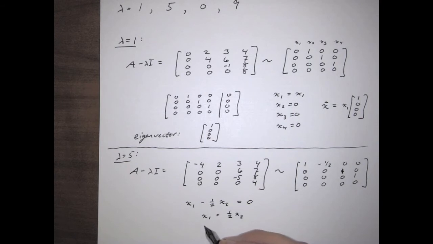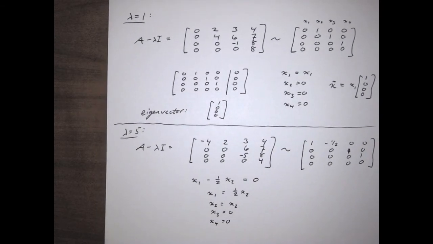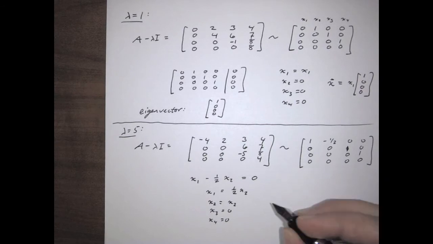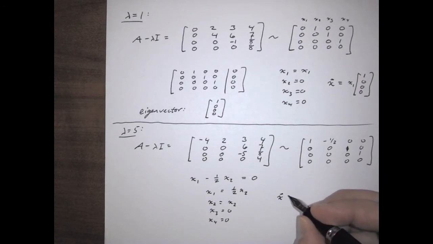And then as far as x2, that's a free variable here. It's the only one without a pivot, so x2 equals x2, x3 is going to equal 0, x4 is also going to equal 0. So imagine, if you are not as comfortable with acrobatics, that I augmented some zeros and I went through the same process that I've gone through before.